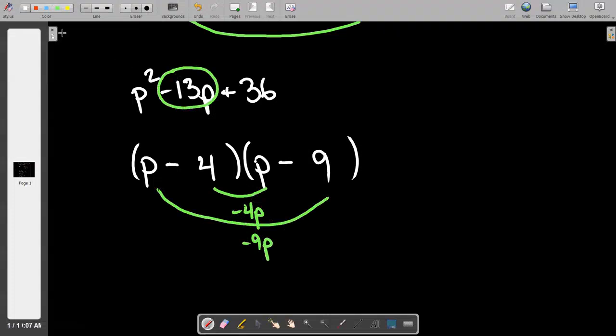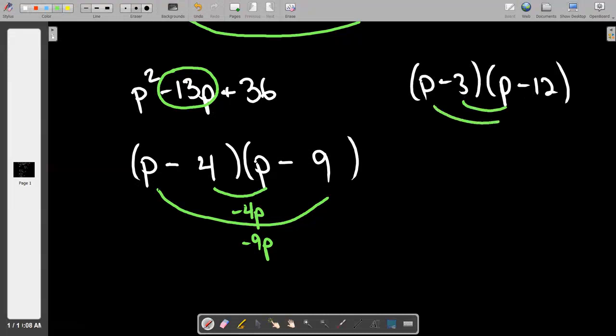We could sit here and talk about all the other things you wanted to say, like p minus 3 times p minus 12, and we'll continue just to shoot them down, because that makes negative 3p, that makes negative 12p, and those make negative 15p. We could keep going and going and going, only to realize, yeah, it has to be minus 4 and minus 9. Okay.